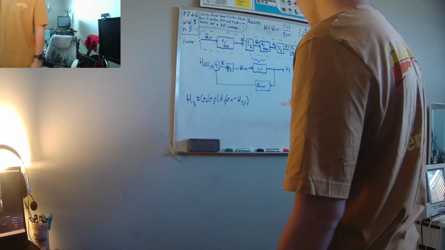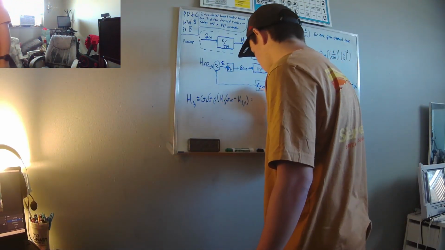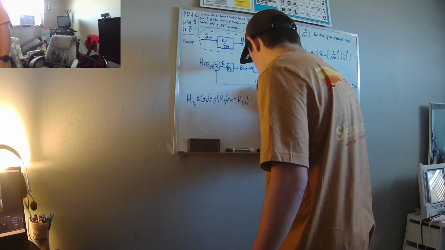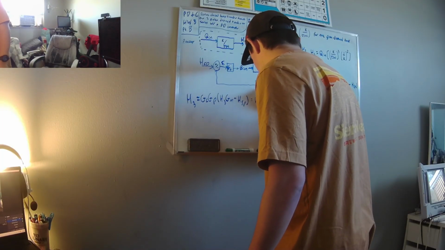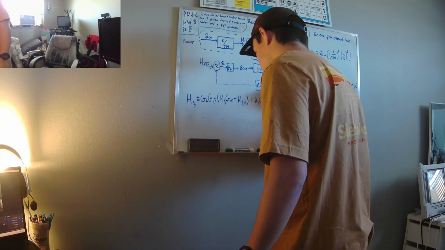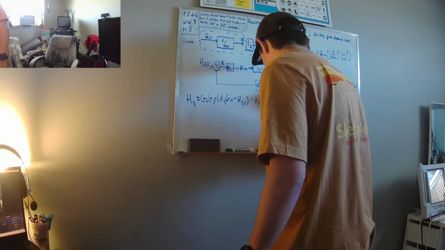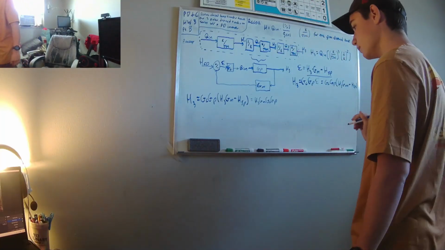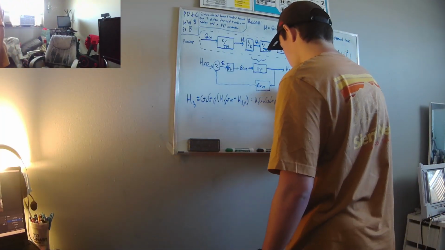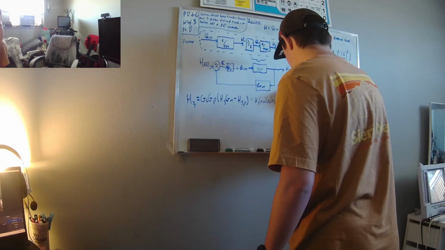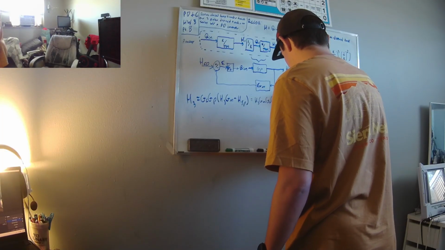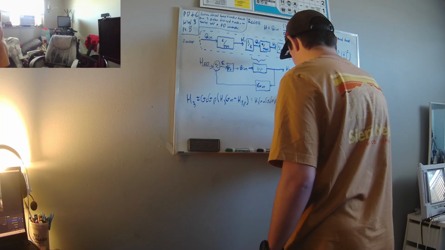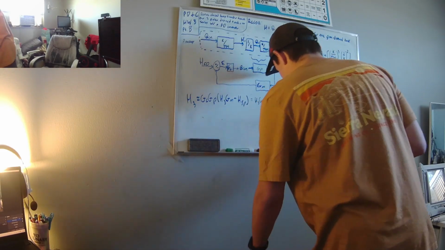We can multiply this out to give us H3 GM GC GP minus GC GP HSP.